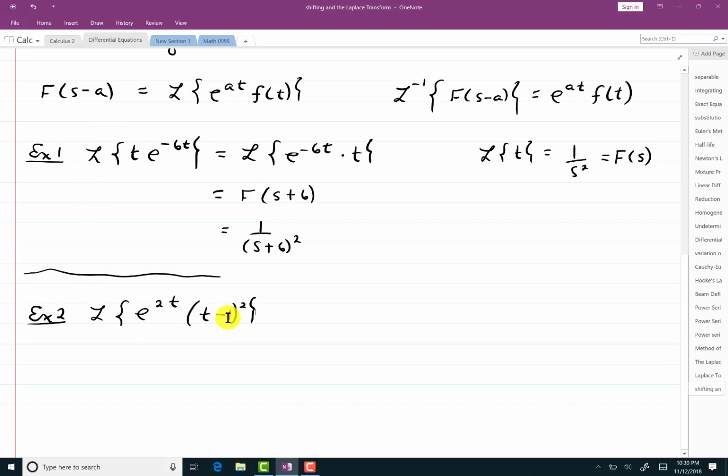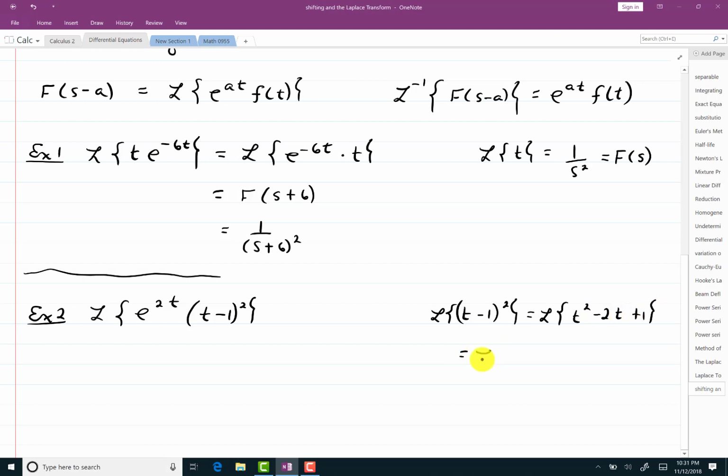Now I've got to figure out the Laplace transform of t minus 1 squared. For these, you just have to break it up or multiply it out using the FOIL method. t squared minus 2t plus 1.